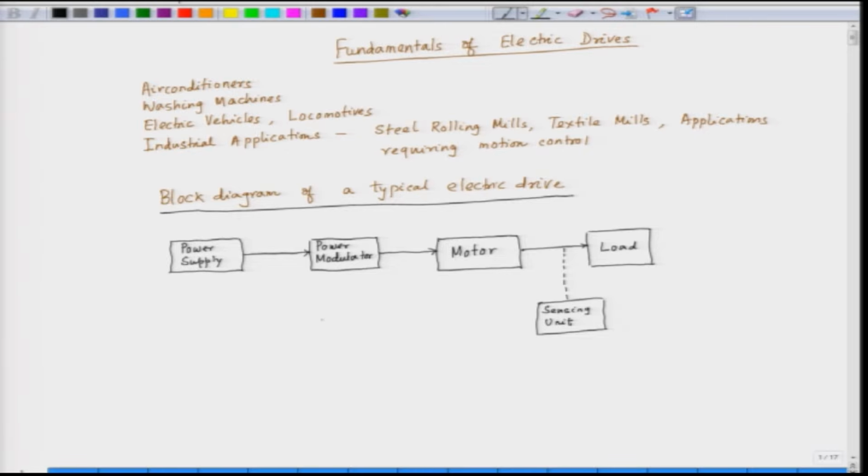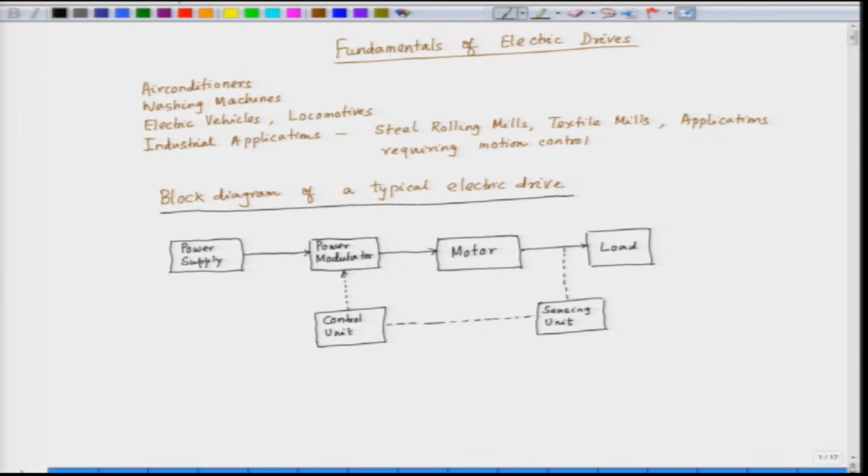And then we have the control unit. And the control unit controls the power modulator.